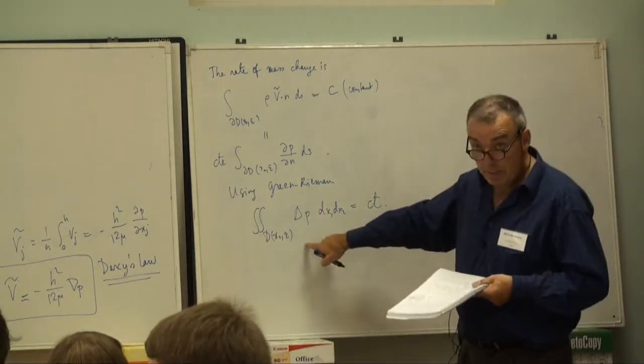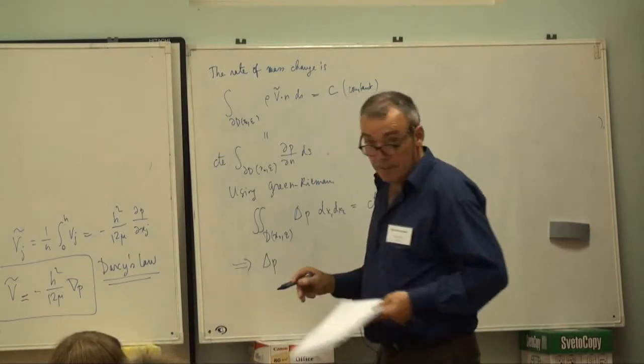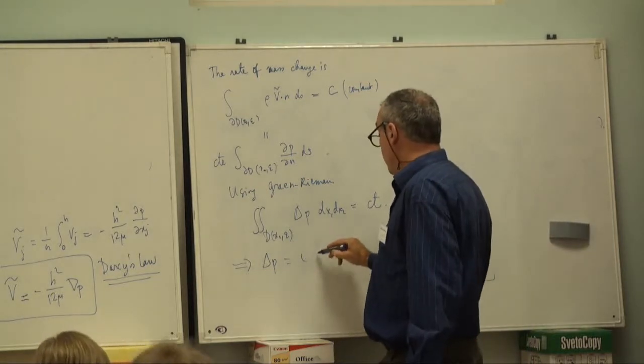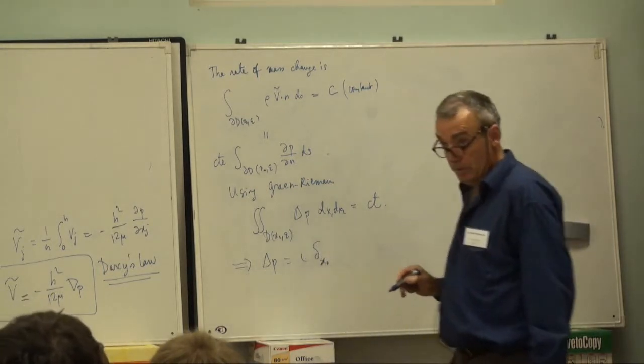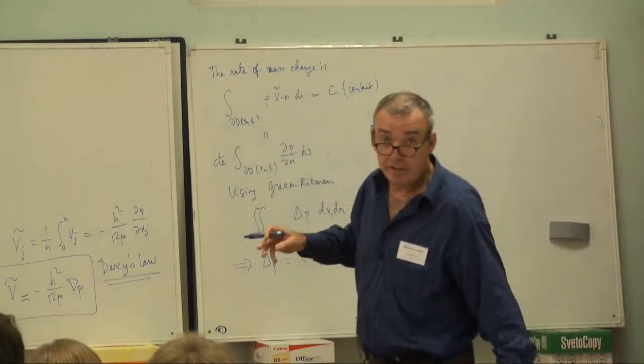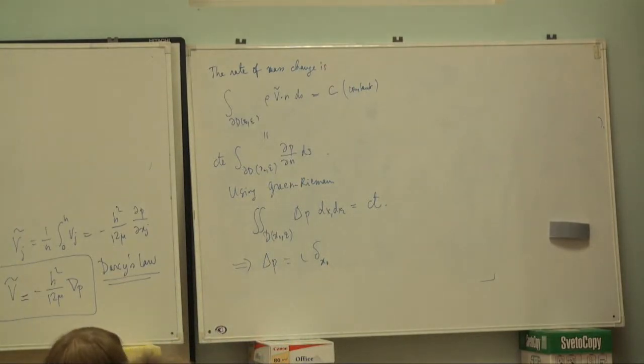That precisely means that the gradient of p, in the sense of distributions, is a constant times a Dirac mass at x0. I do not keep track of the constant here, nor of the sign, but I should actually.